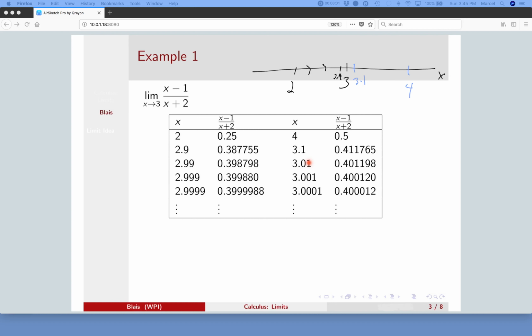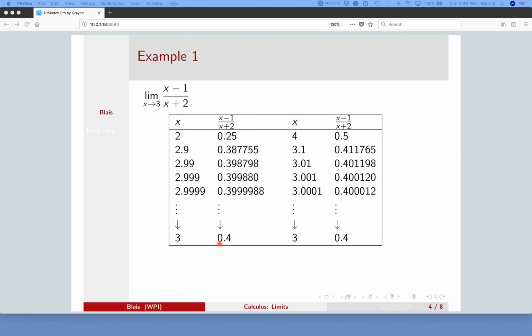And we can get closer and closer, 3.01, 3.001, 3.0001. And it looks like when we plug these into a calculator that we're also honing in on 0.4, but we're going down to it. So that's our guess here, is that as we approach 3 from below, this is coming up to 0.4. And as we approach 3 from above, these numbers are going down to 0.4.